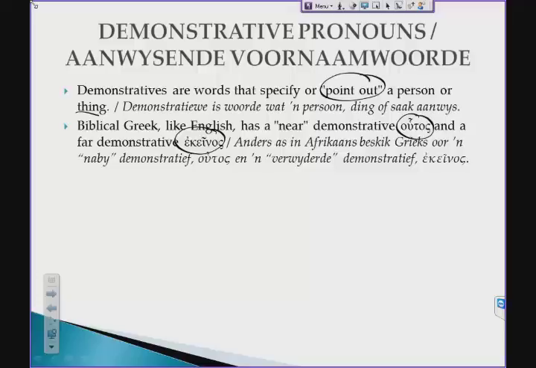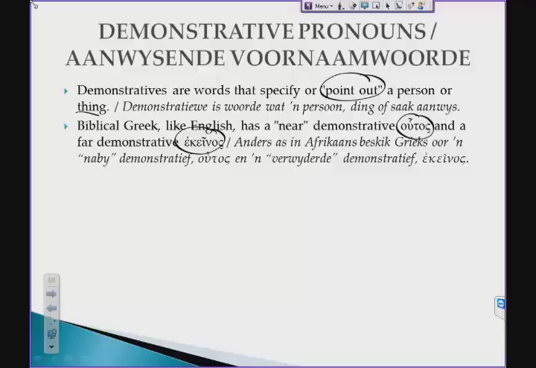I can talk about this book, it's one book. But then now, these books. Okay? That book, and now when there are two or three, those books. Okay? I'm talking about a book, more than one. So therefore, this is what we mean by the near and the far demonstrative.